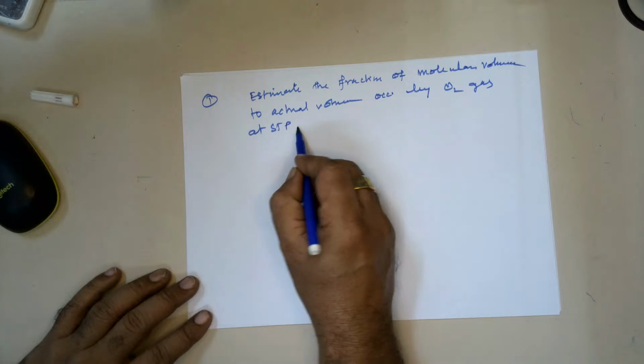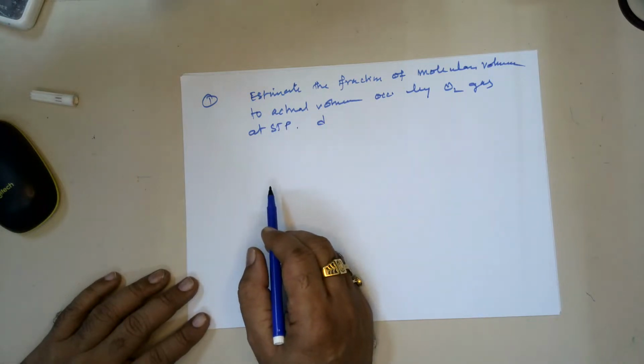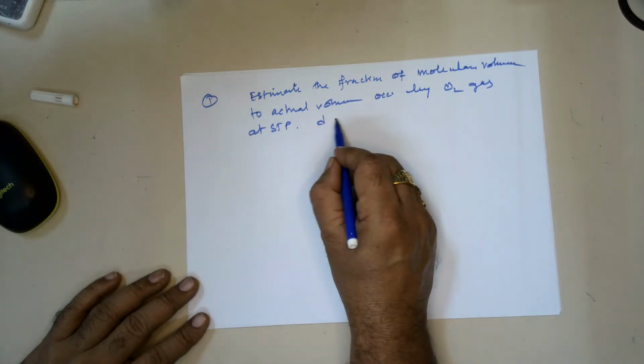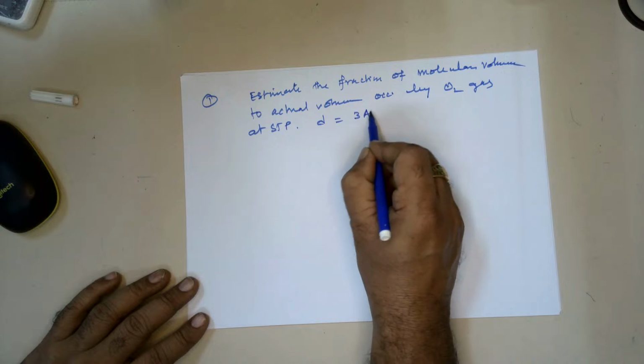The diameter of an oxygen molecule is 3 Angstrom.